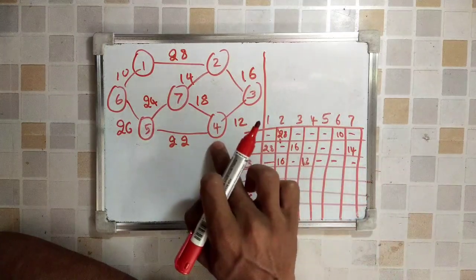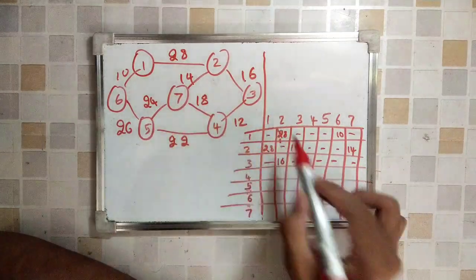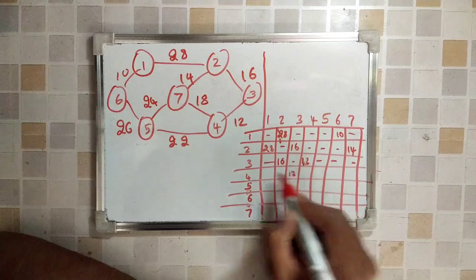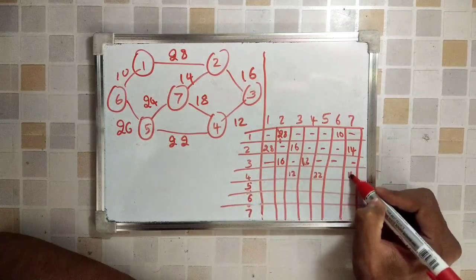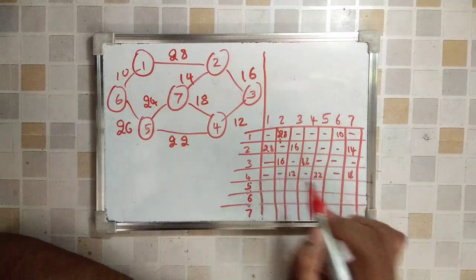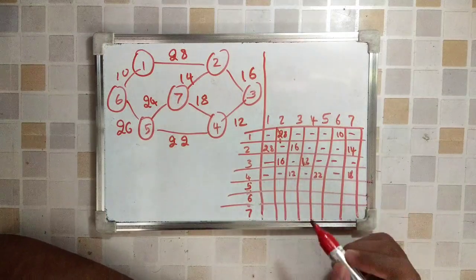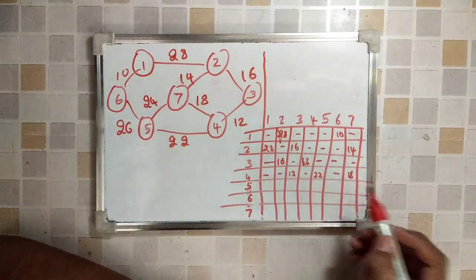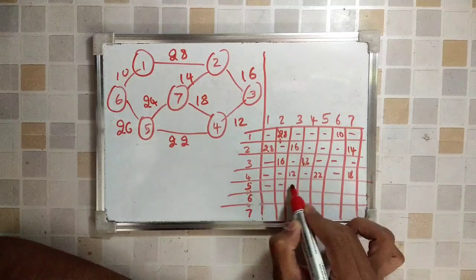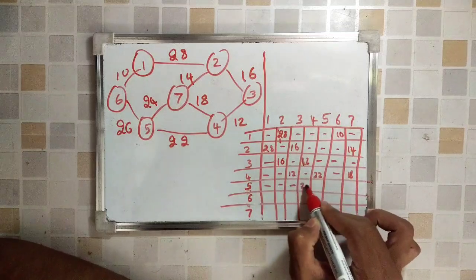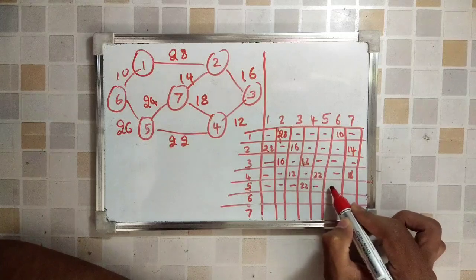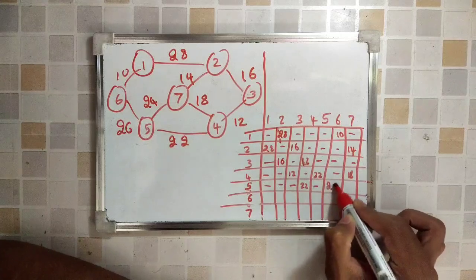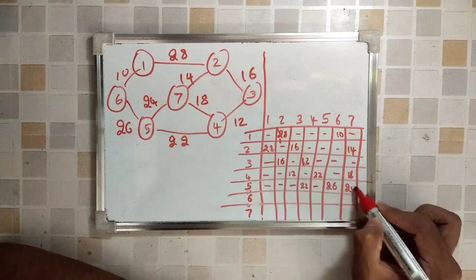Now coming to the 4th row: 4 to 3 it is 12, 4 to 5 is 22, 4 to 7 is 18. Then we have 5: 5 to 4 it is 22, 5 to 5 nothing, 5 to 6 it is 26, and 5 to 7 is 24.